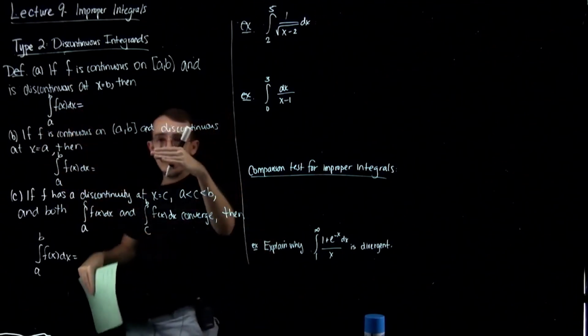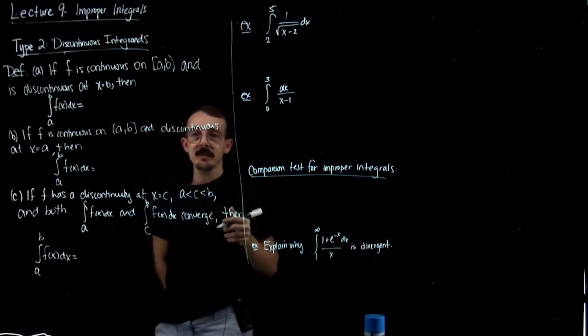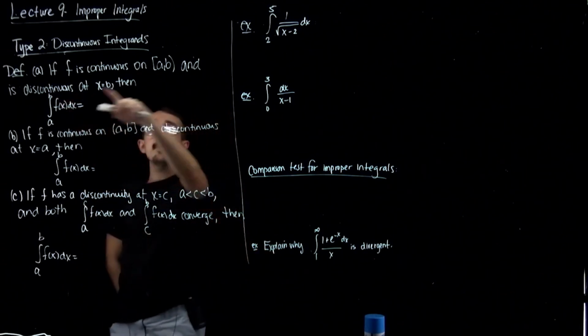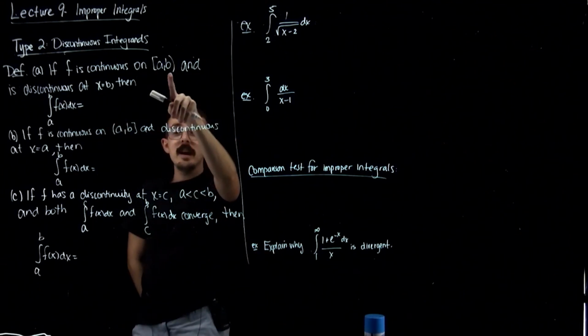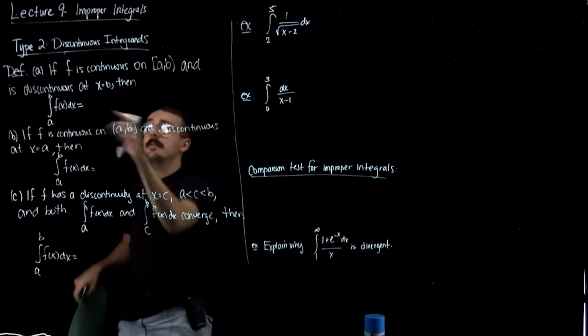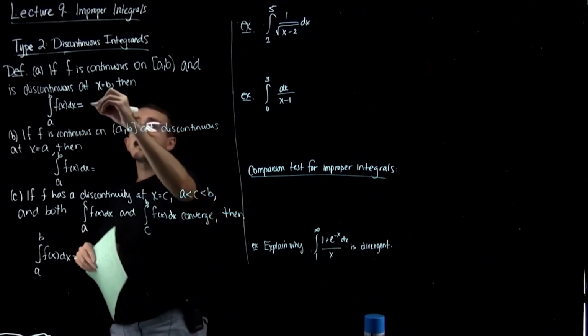And we have several cases here, just like I did in the previous part of this video. So case 1 is where you are continuous from a to b, except at b, the very right endpoint. Then the way you define this is just like we did before with limits.